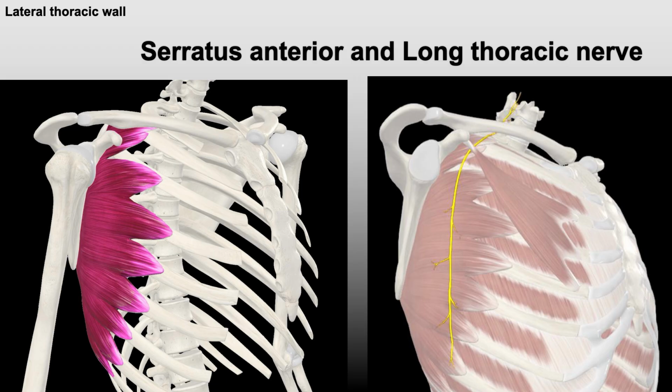It forms the deep surface just in front of the ribs on the lateral part of the thorax. With ultrasound, we can also see the long thoracic nerve starting from the subclavicular area and extending along the surface of the serratus anterior.